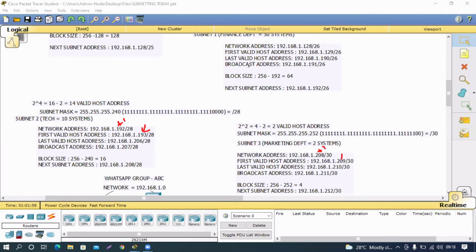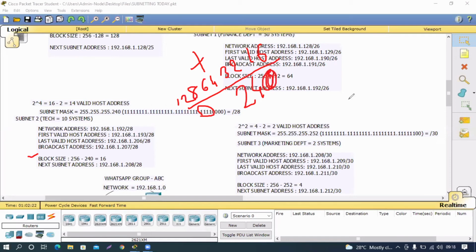Sir, can you explain block size again? Block size, you can see how many bits you have taken, network bits. 4, right? So 4 network bits means what? 128, 64, then 32, and 16, right? Add them together. How much you are getting? 240, right? So 4 ones and 4 zeros. So when you calculate this, this one value is what? 128, right?